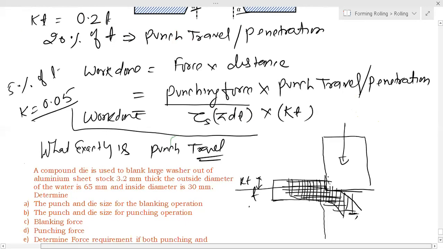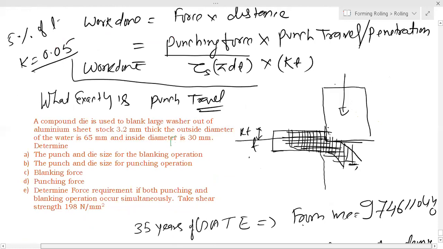So Amal, here what happens when it travels: before the punch travels the full thickness t, even if it travels only 30% or 40%, this material starts breaking because of the lattice structure.